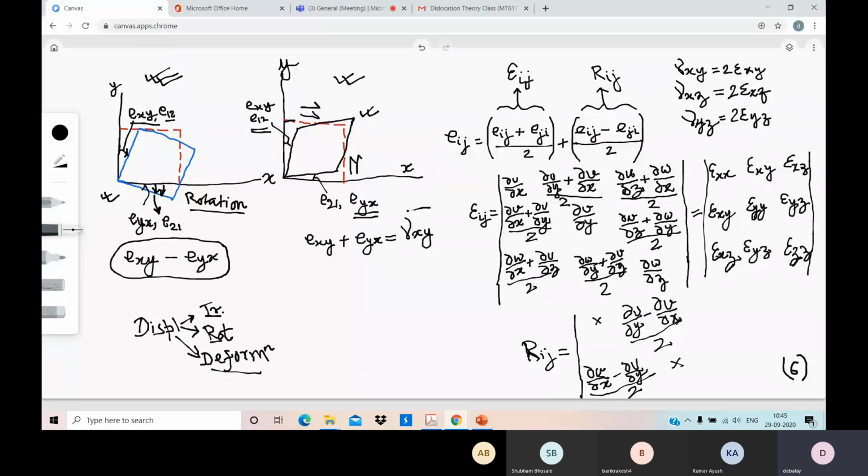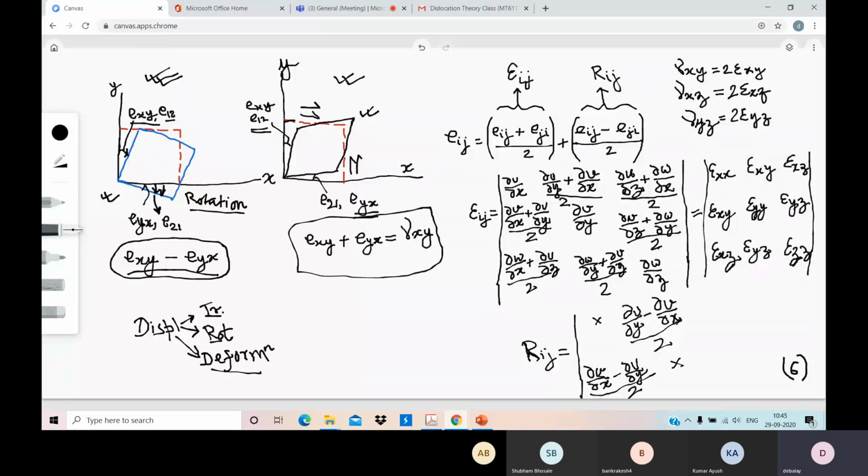So total angular change, which is represented by the gamma term, gamma is used to represent shear strain. So total angular change on xy plane because of shear is the sum of the two relative displacement components, Exy plus Eyx. Whereas when it was rotation, then the total angular change was minus.